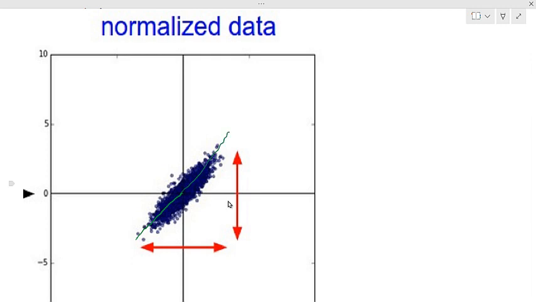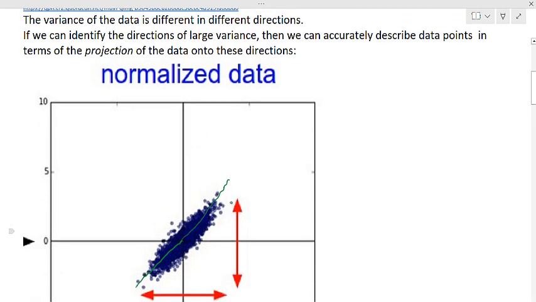If I take any data point and consider the projection of that data point onto my line of large variance, in fact, this projection is very, very close to the actual data point. So just knowing the projection of my data point onto the direction of large variance tells me a lot about my data. This is called dimensionality reduction.